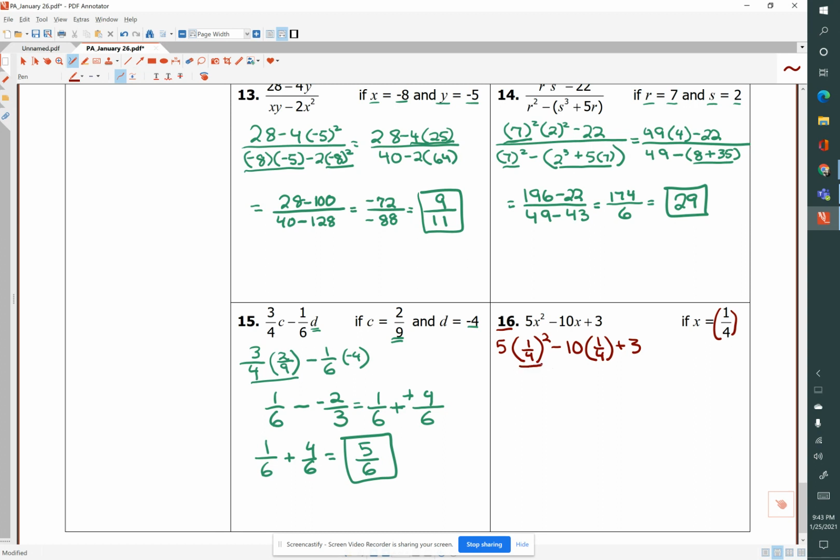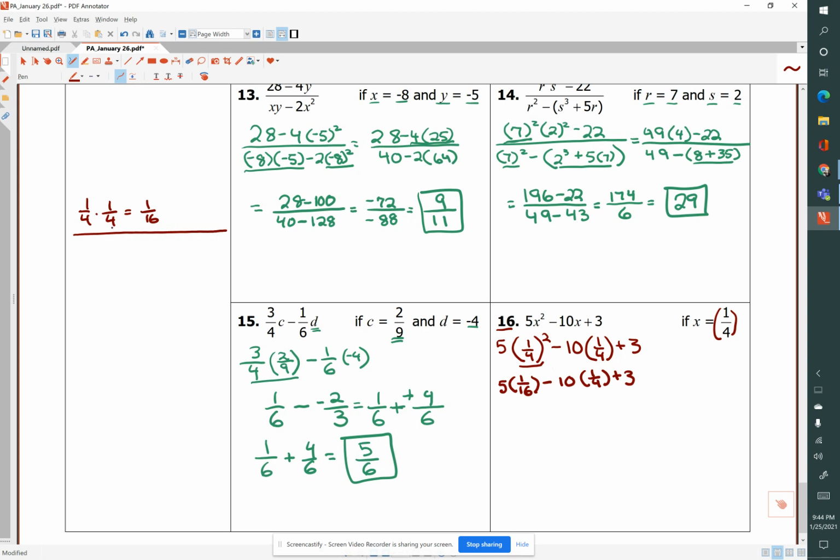So first we start with this exponent. So we have 1/4 times 1/4 equals 1/16. So now we have 5 times 1/16 minus 10 times 1/4 plus 3.